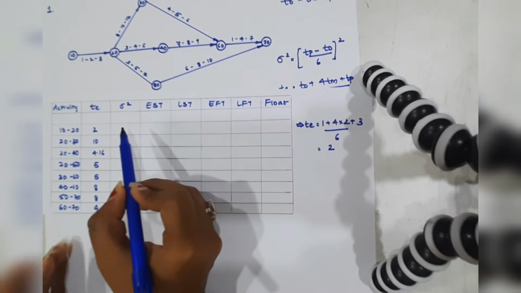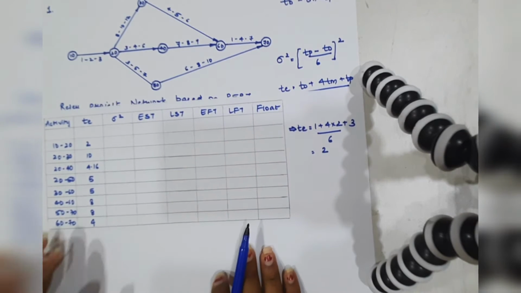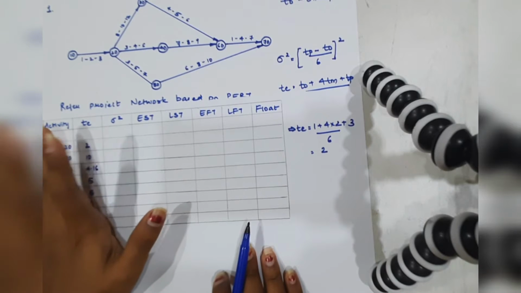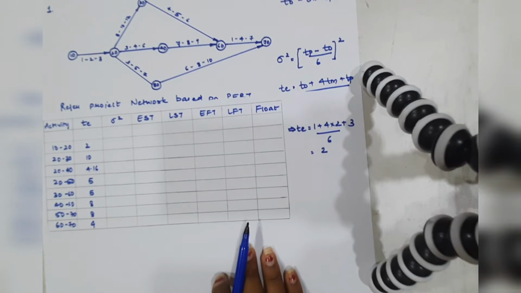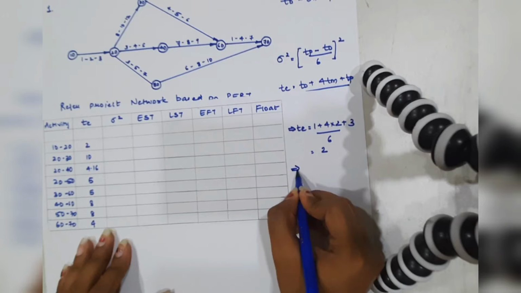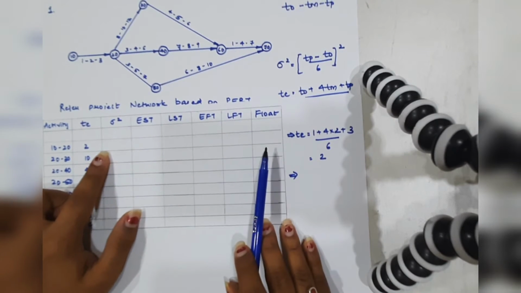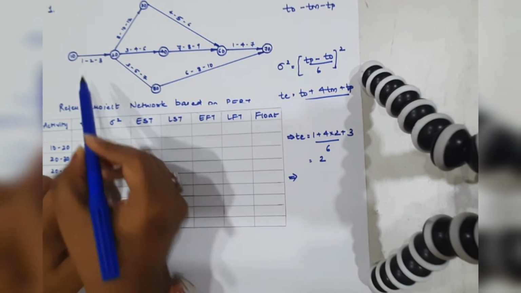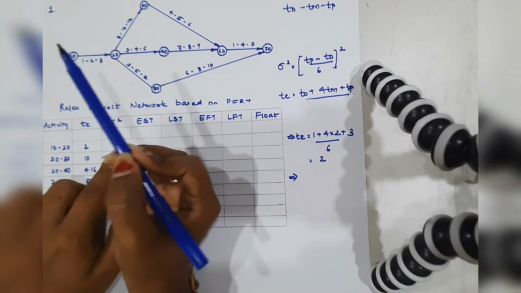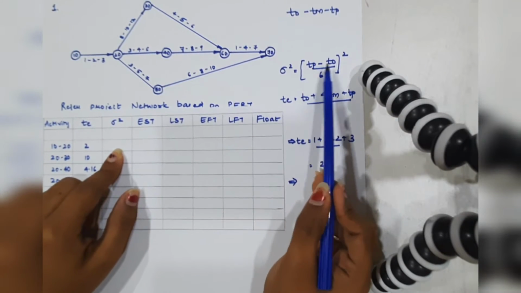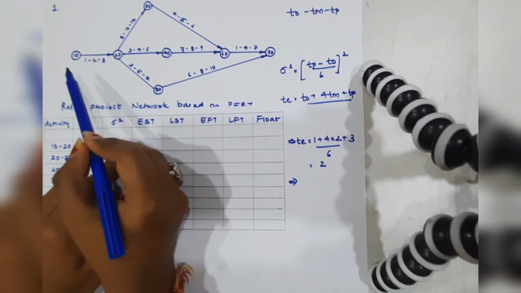in terms of value. Next we are going to go to sigma square, that is our variance value. First we will see how to calculate it for the first case, that is the 10 to 20 activity. For that we need TP and TO.